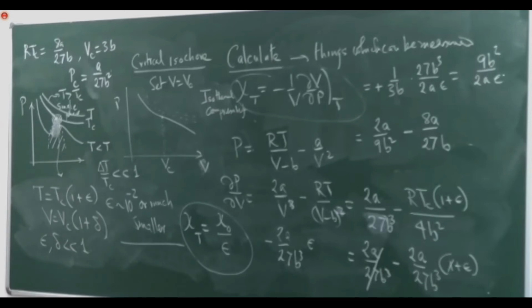That is a behavior in the immediate vicinity. Mind you, this calculation over here for the van der Waals gas is fortuitous. It gives us an exact answer. That is rubbish. I mean, if I had taken a different equation of state, I would find that this is not an exact answer.